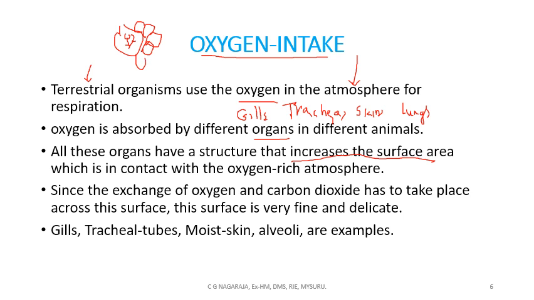Each lung may contain hundreds and thousands of small structures called the alveoli that help in absorption. I repeat again, fishes have gills, insects have tracheal tubes, earthworm has moist skin, and human beings have the alveoli. They are the organs to help to take in oxygen.